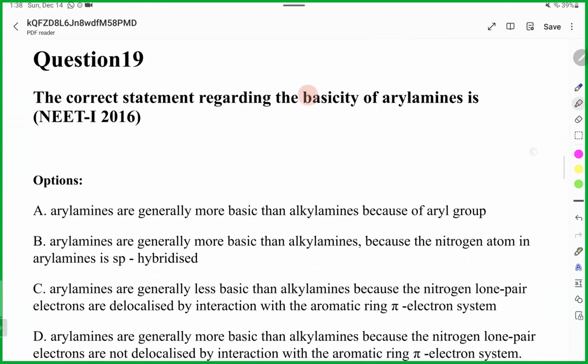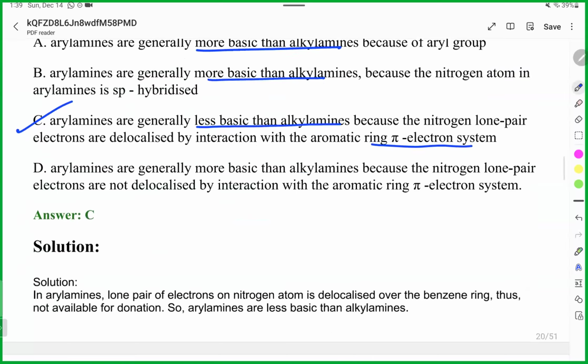Parinder, basicity of arylamine. Option C. Yes, the option will be C because there is one option where you have less basic. Correct? Because of the delocalization of this.